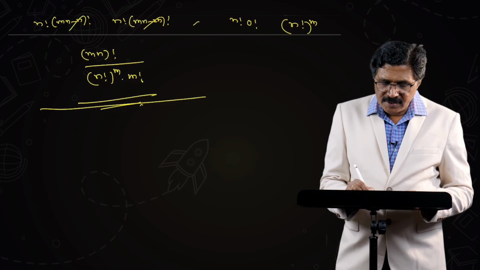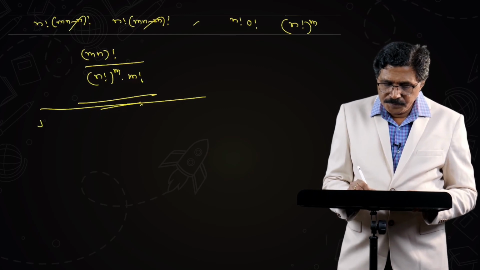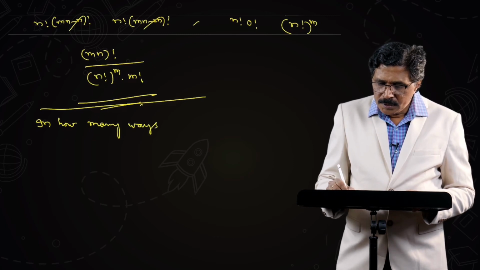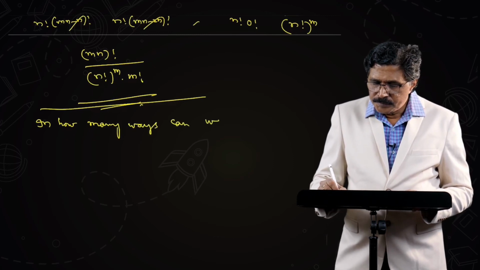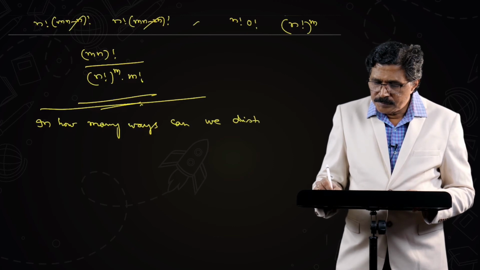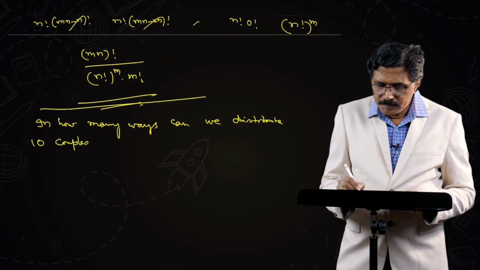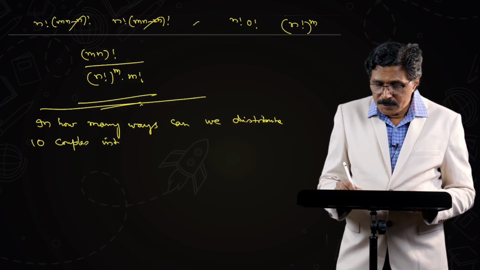In how many ways can we distribute 10 couples into 5 identical boats?